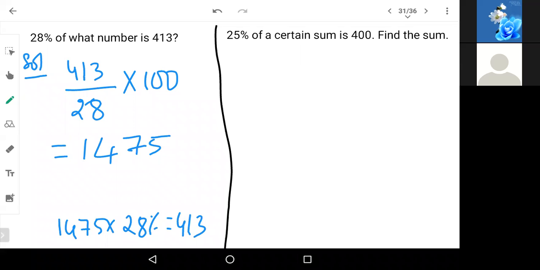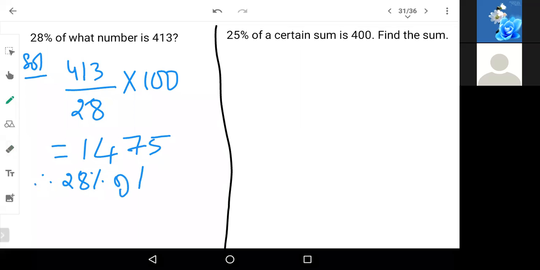Are you getting it? Yes. So that means your answer is right. Okay. So therefore, 28% of 1475 is 413.